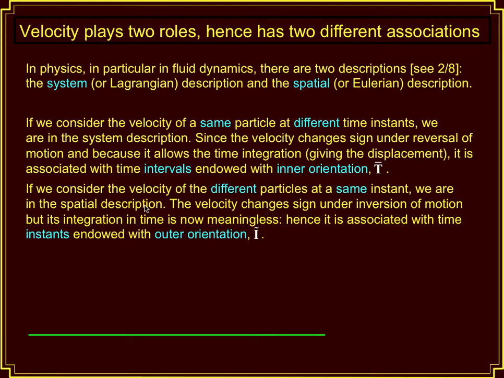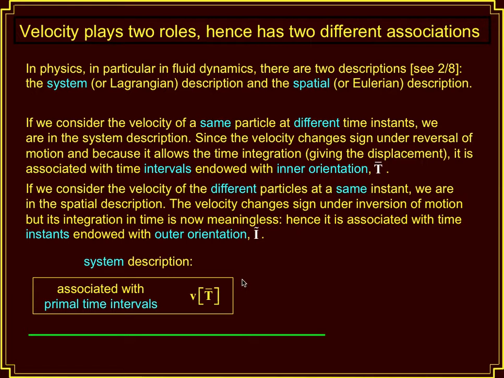If we consider the velocity of different particles at the same instant, we are in the spatial description. The velocity changes sign under inversion of motion, but its integration in time is now meaningless. Hence, it is associated with time instants endowed with outer orientation.